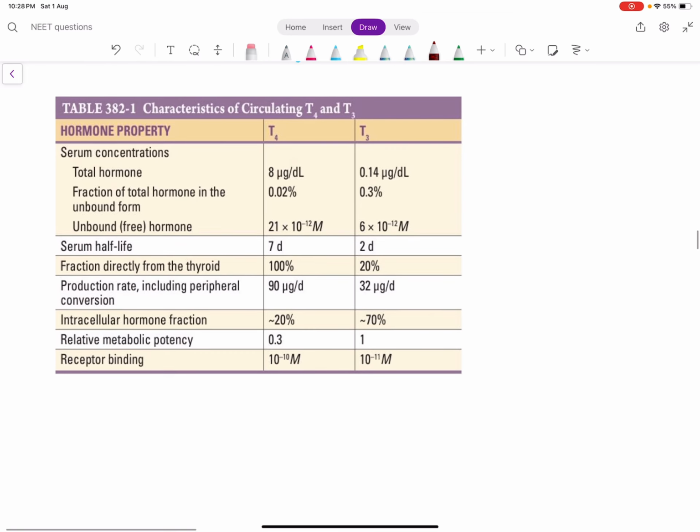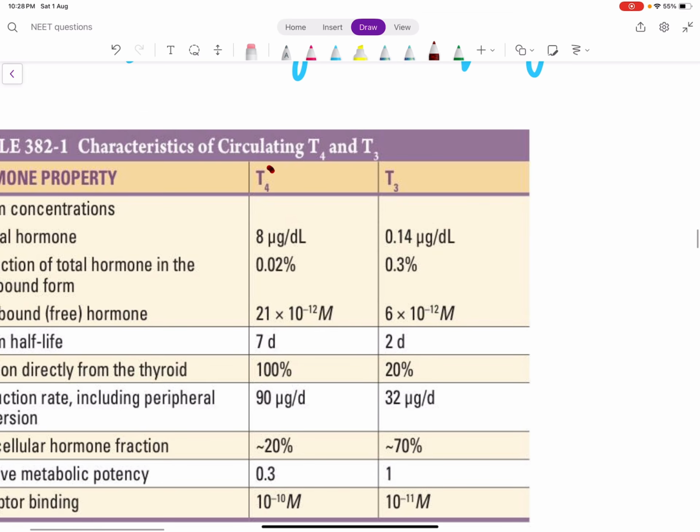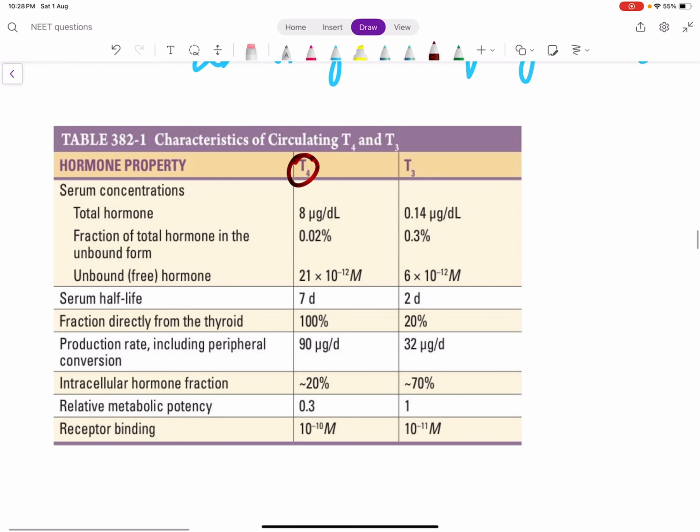So what's the basic difference between T4 and T3? T4 is the abundant form. T4 is the actual form which is circulating in the blood. T4 is the common drug which we replace, levothyroxine. Thyroxine is the drug which we commonly give for hypothyroidism. But T3 is the active form.